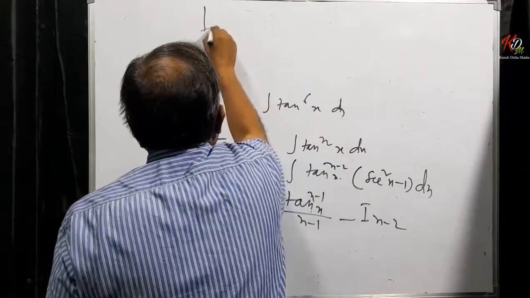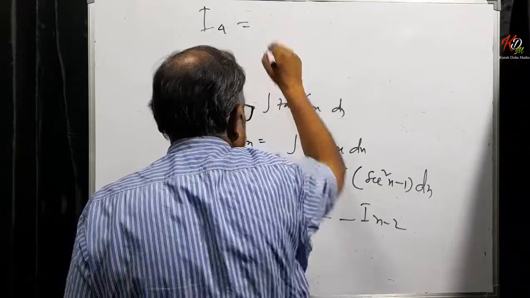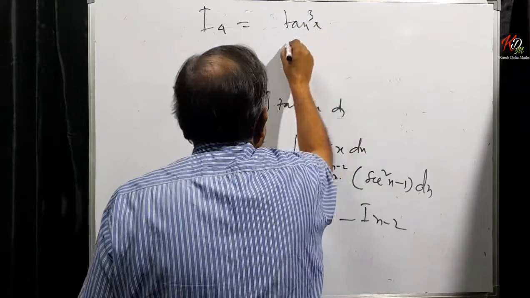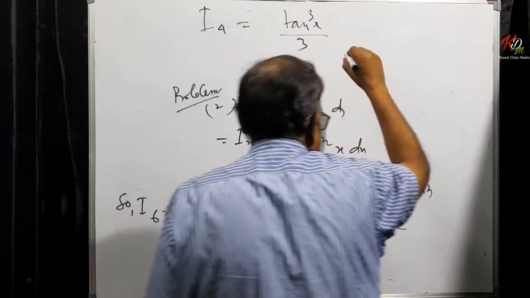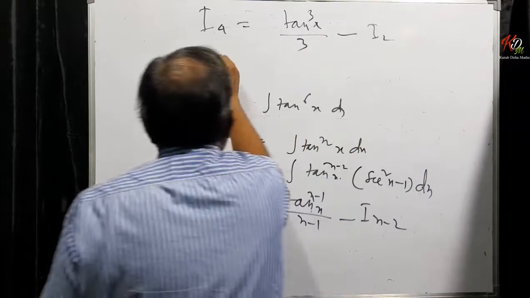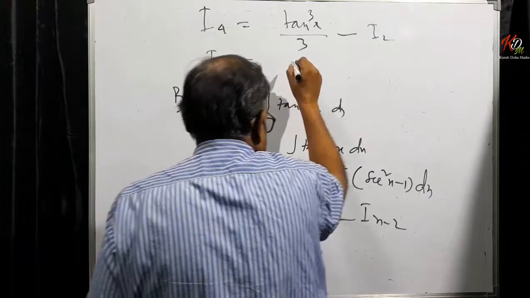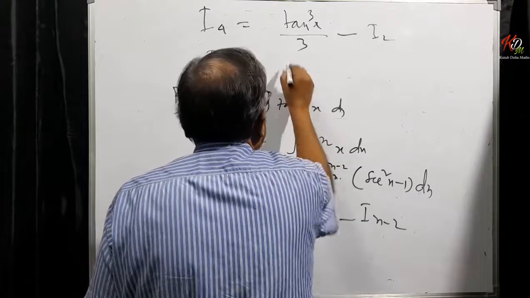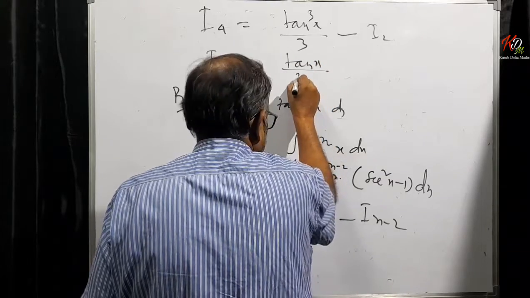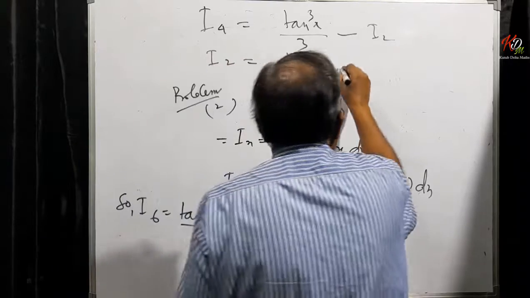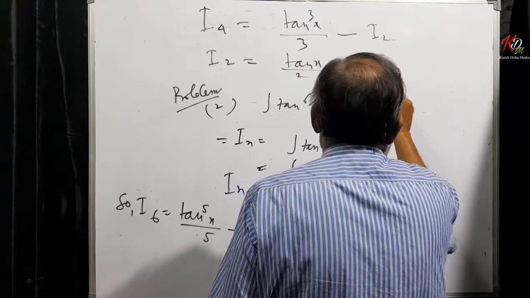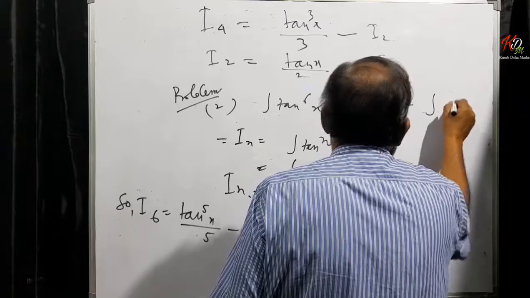Now I 4 equals tan cube x by 3 minus I 2, I 2 equals tan x by 2 minus I 0, and I 0 equals integration dx.